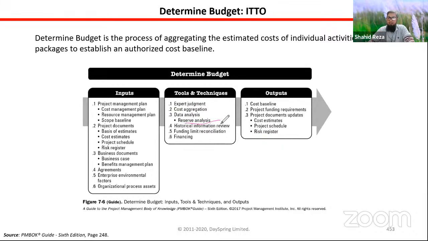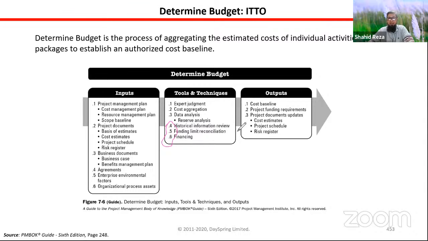Reserve analysis. Already we have discussed reserve analysis. So when you are doing that final determining the budget, if there is any reserve left over, or if you want to add management reserve, then you have to consider this. Historical information review. Please check these three tools, because all these are very important. One is historical information review.